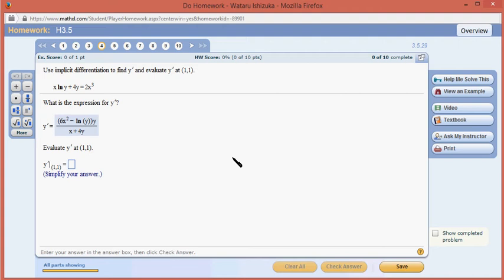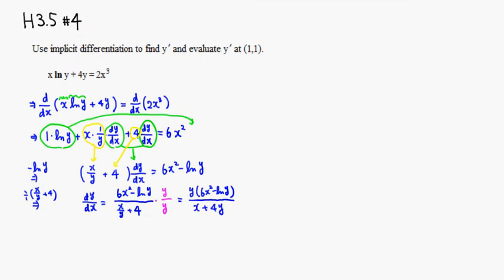Then we just have to evaluate this derivative at (1, 1). So dy over dx evaluated at (1, 1). We just plug in x equals 1 and y equals 1.